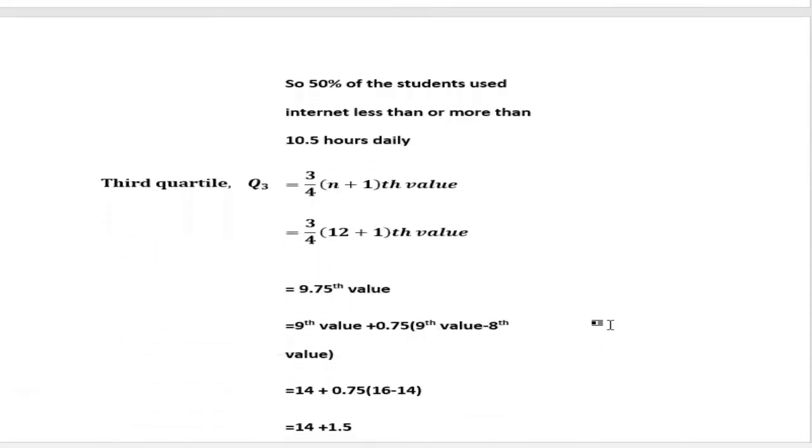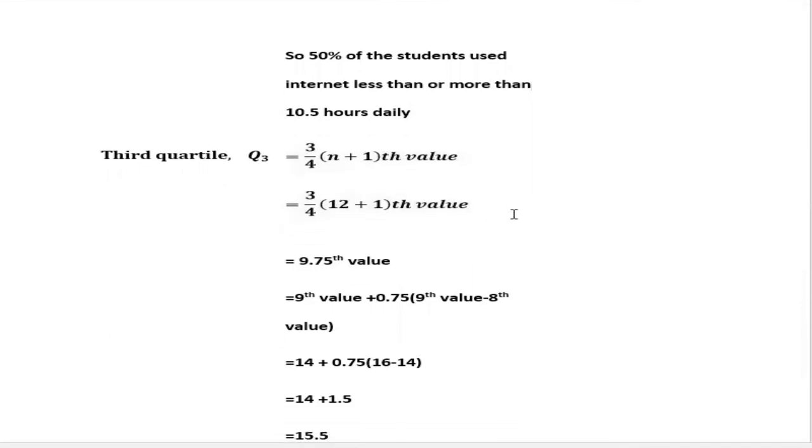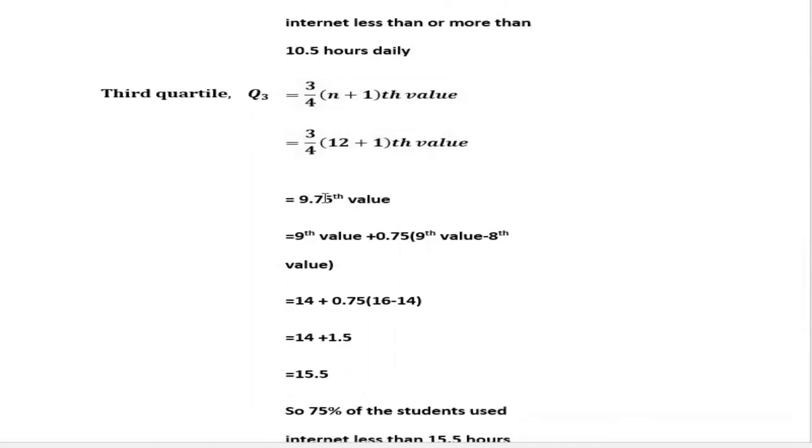Similarly, we know already the third quartile is 3 over 4 times n plus 1. We know n is 12. If you do the calculation, it will be the 9.75th value. For the ninth value, and for the 0.75, we have to multiply 0.75 by the 10th minus the 9th value. Sorry, I made a mistake; it is the 10th minus the 9th value.